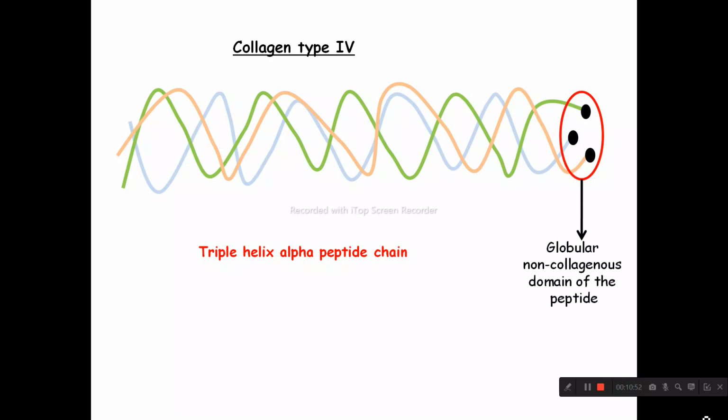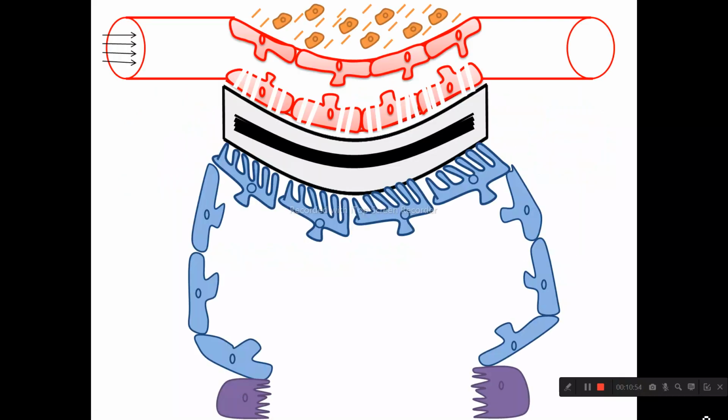Then another important thing, now you know that throughout this structure, that is the lamina densa, type 4 collagen is present within the glomerular basement membrane. Another very important thing is that this type 4 collagen is making the suprastructure within the glomerular basement membrane.